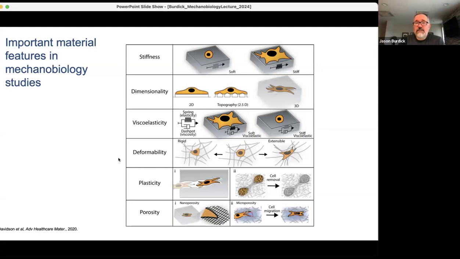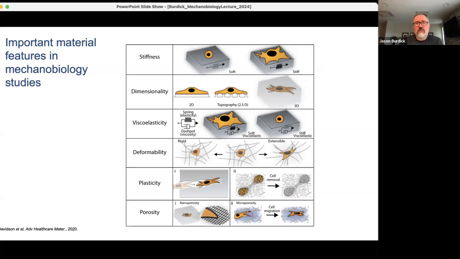So if you have more of this viscous rather than just purely elastic component, that can alter how a cell senses the material properties when it pulls on it. Things like deformability. So on a fibrous material, if they can pull all these fibers together, can change how a cell responds. Plasticity, so whether a cell can actually change that material so it has a plastic response. So maybe it's moving through that material or again, pulling on fibrous ones, but as it interacts with it, it's changing that material properties.